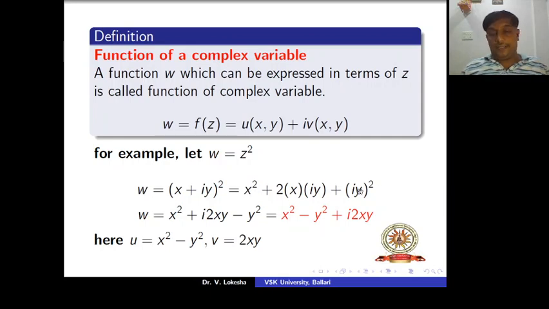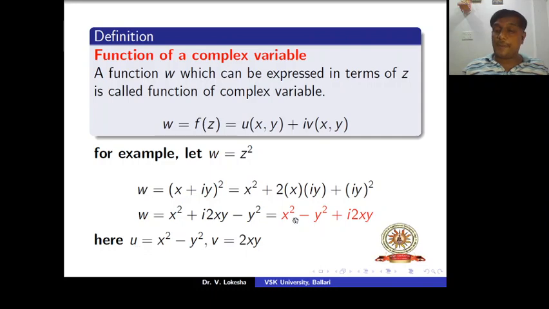If you simplify this, it becomes x square plus 2ixy, and i squared is represented as minus 1. That's why we can write minus y square. Here you can see that x square minus y square is the real part and 2xy is imaginary.